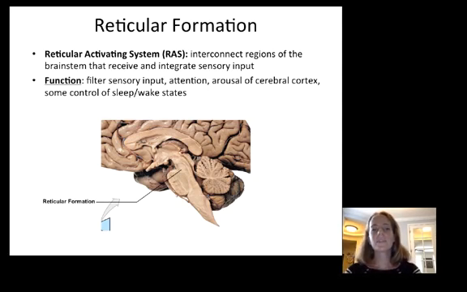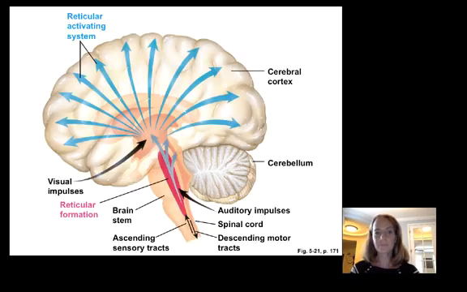So this reticular formation region is important for attention and arousal of the cerebral cortex. There's some control also of sleep-wake cycles. So what the reticular system, or the reticular formation, is doing within the brainstem is sending impulses out, generally to the cerebral cortex, to increase attention and increase arousal states.